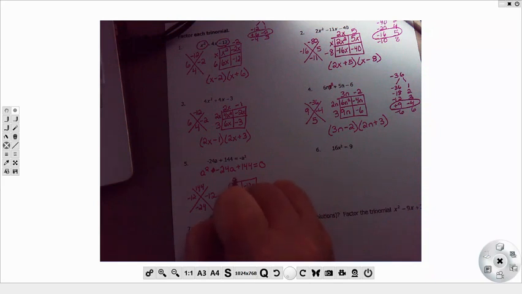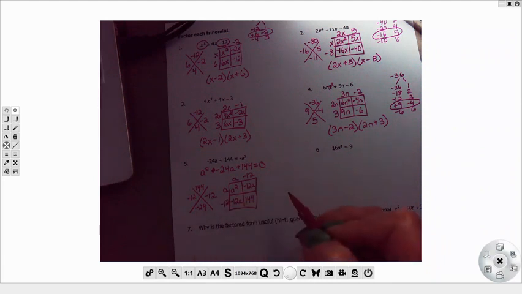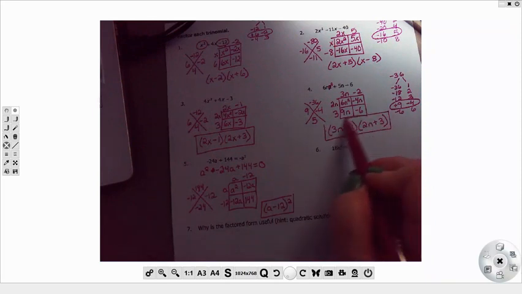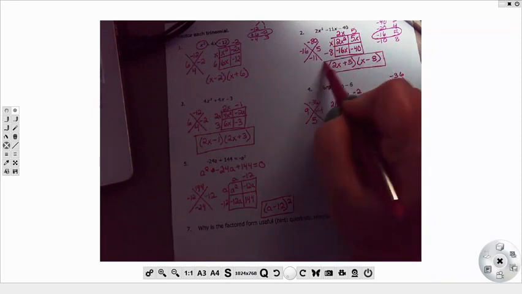To get an a squared would be an a and an a. To get negative 12 would be a negative 12. To get negative 12 here would be a negative 12. So these factors are the same, which means I could write it as a minus 12 squared as my factors. I could write it out, but there's no need to because it is the same.